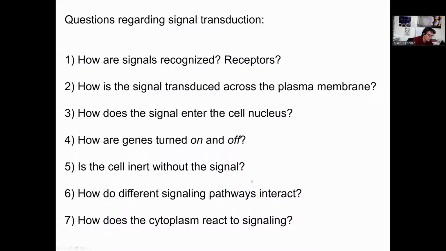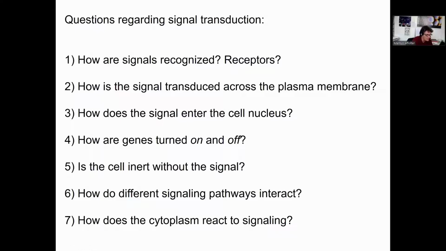Is the cell inert without the signal? I mean, does a virus hit the population completely without protection? That's what seems to be happening at the moment. Cells seem to be very ready for signals, and they're very active even in the absence of signal. They constantly remind the cytoplasm that they have not seen a signal, so they're in the off state.